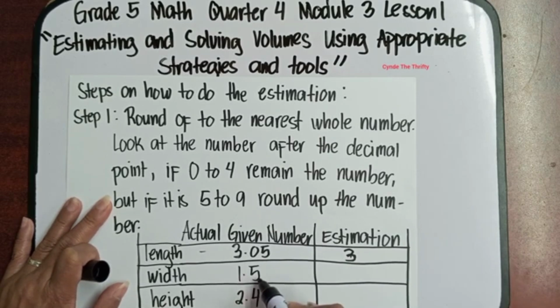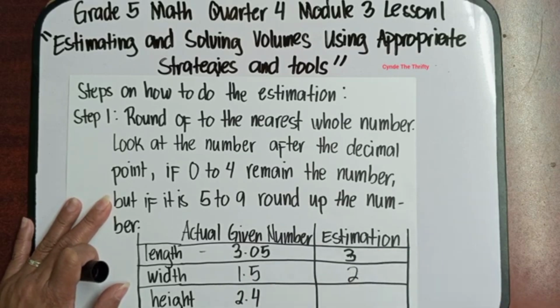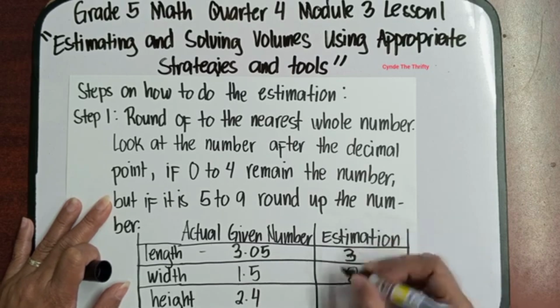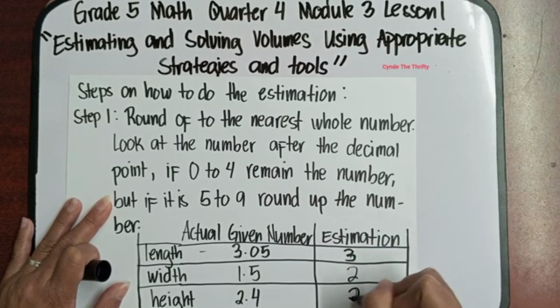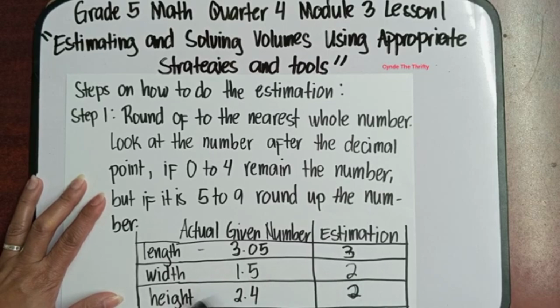So, ibig sabihin, mag-round up tayo or dadagdagan natin si 1 ng isa. So, magiging 2 ang 1.5. And then, ang height niya is 2.4. Ang number after the decimal is 4. So, ibig sabihin, mananatili si 2. Kasi 0 to 4 na number is mananatili yung ating number. So, 2. Meron na tayong estimation. Ang length natin is 3, ang width natin is 2, at ang height natin is 2.